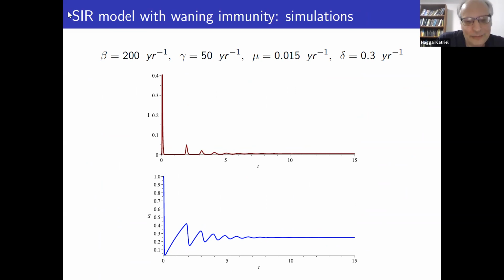But it really depends on the details of the model. If I look at this simulation here with the waning immunity after 3 years, then after about 10 years it seems already in the asymptotic regime, in the equilibrium.